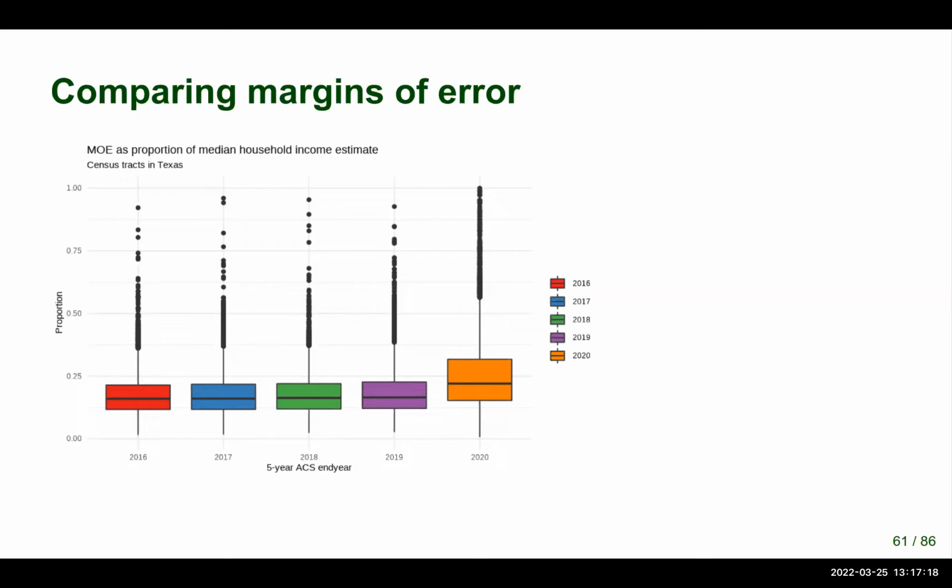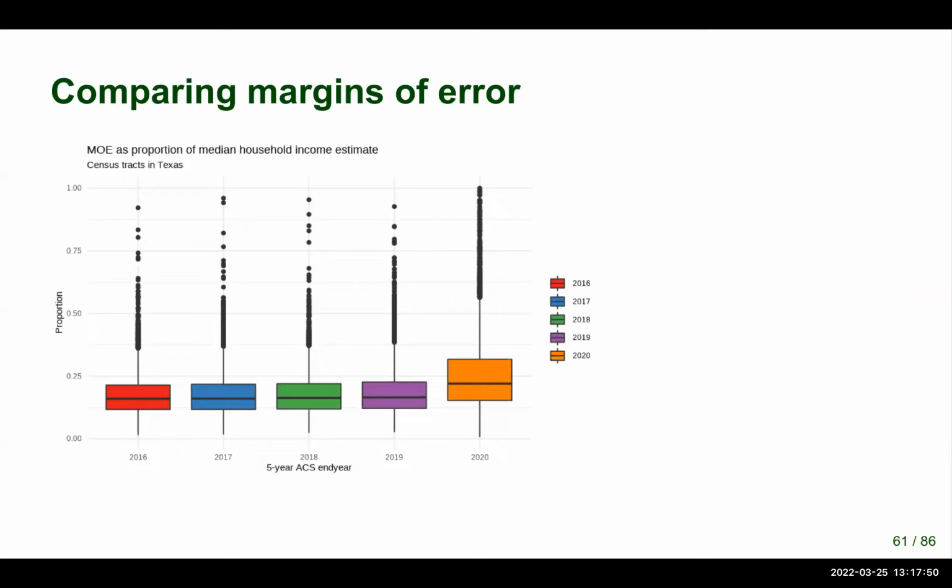So basically, what you have here is the margin of error if it's 25% of the median household income estimate at the census tract level, then that's going to come in at about 0.25. And as you can see, for end years of 2016 through 2019, the margins of error as proportions of the estimate tend to be relatively consistent.